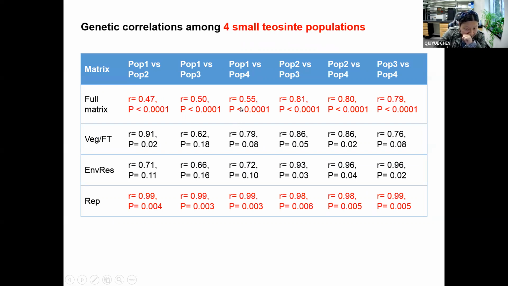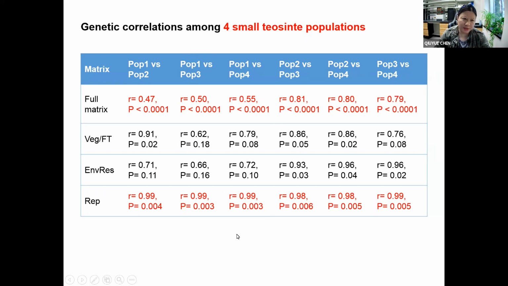In addition to comparing the genetic correlations between Teosinte and maize, we also compared the genetic correlations among the Teosinte populations. We can see the correlation is even larger than between Teosinte and maize, especially for the reproductive traits. The correlation is nearly 1 for the comparison.